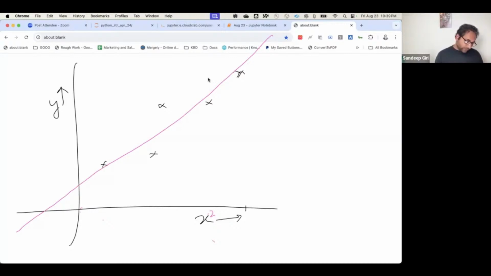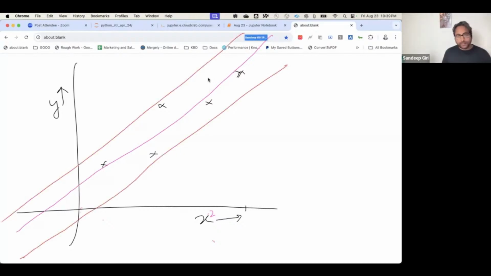Instead, what we will do is we will try to fit two lines. Somebody came up with this clever idea. He said, fitting one line doesn't make sense. Instead of fitting one line, we fit two lines. We fit a street. Now we have two parameters to minimize.